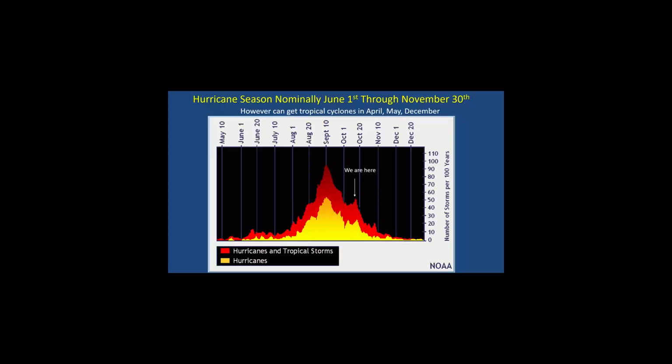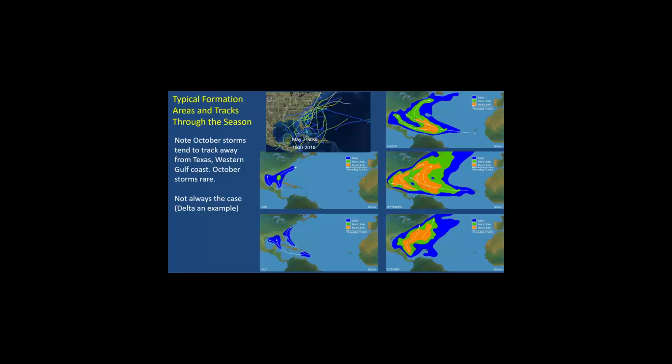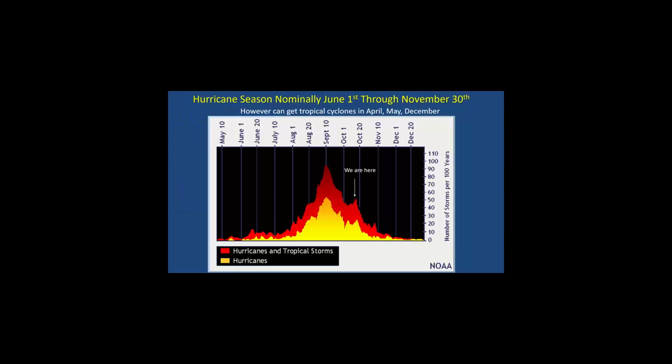So when is hurricane season? Basically, what we've got here is a line chart, and the way it's created is you can go back over 100 years and see if there was a tropical storm or hurricane in the Atlantic on that date. And then at the end, you can sum them all up and you get sort of a frequency chart.